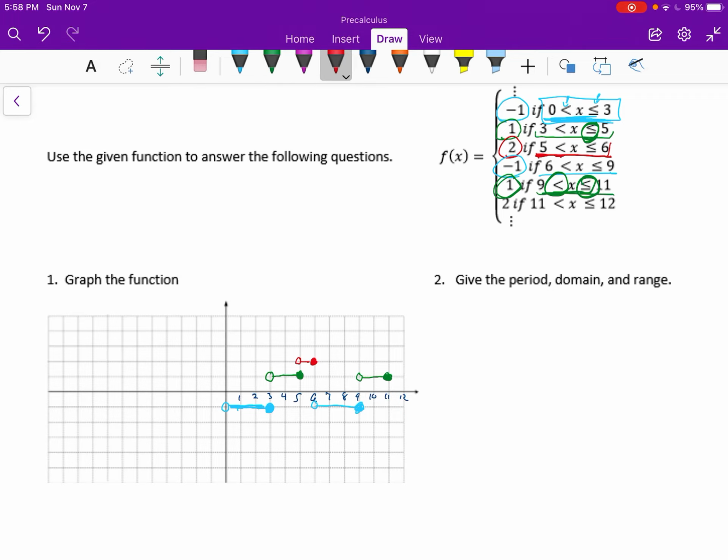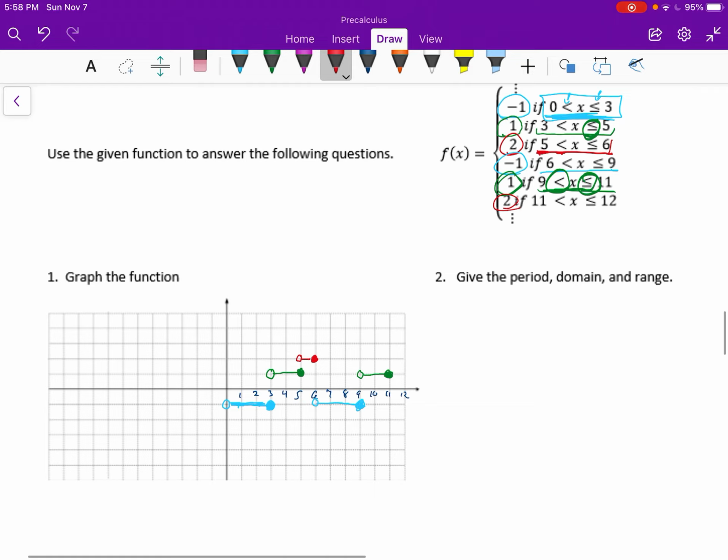And then our last one we'll do red again. That's going to be up at 2, and that's just for 1 unit from 11 to 12. Left is open and right is closed. And so we can see a pattern emerges there. With knowing that pattern, we can kind of move backwards to the left side of 0.